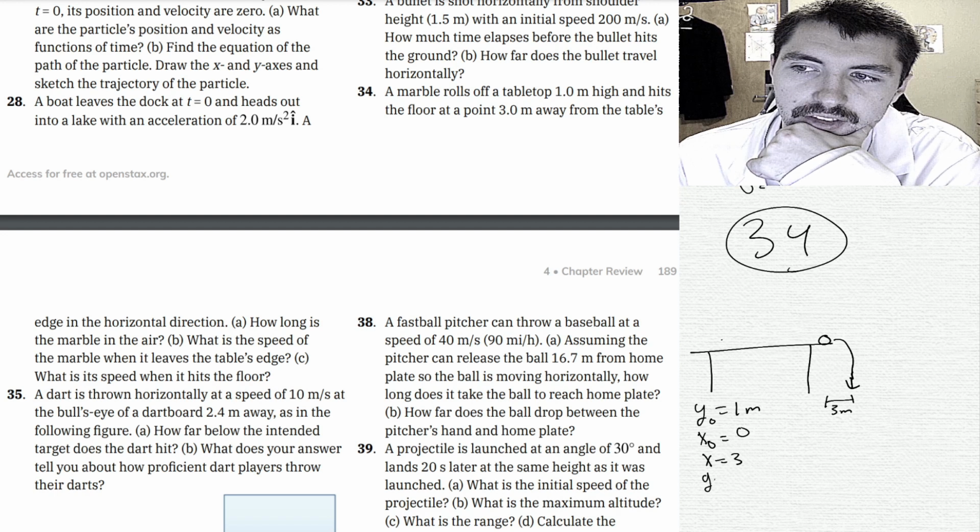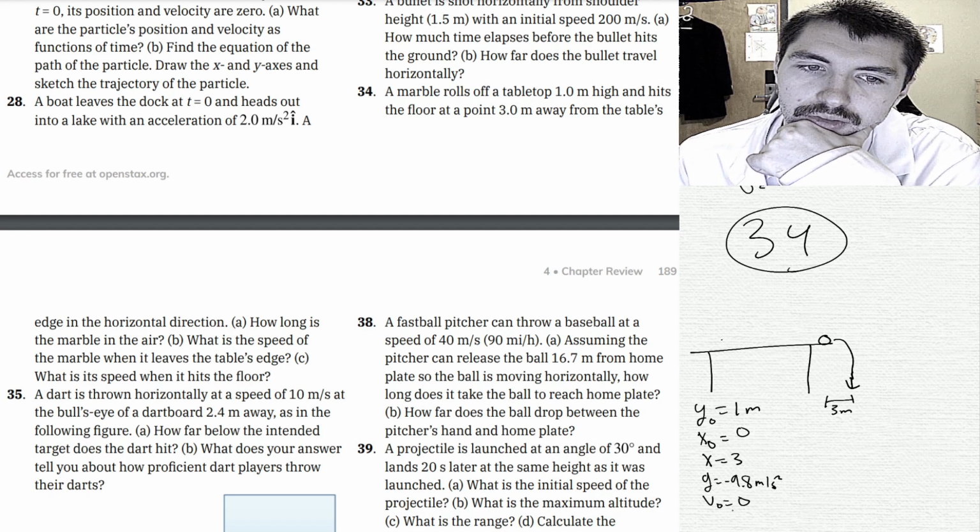Okay, we know gravity, -9.8 here. We can say V naught in the y direction is 0.